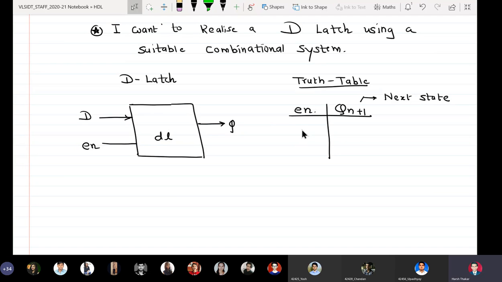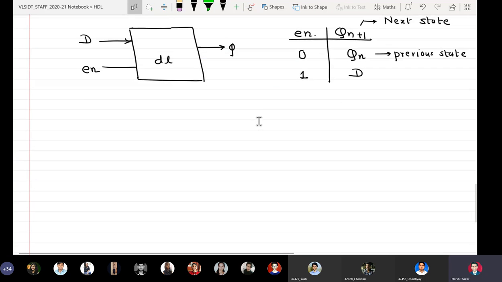It is active high enable. So if En equal to 0, Qn, that is, the output remembers itself. If En equal to 1, then D is transmitted to output. If it is 0, then the output remembers itself. Okay, now see here.